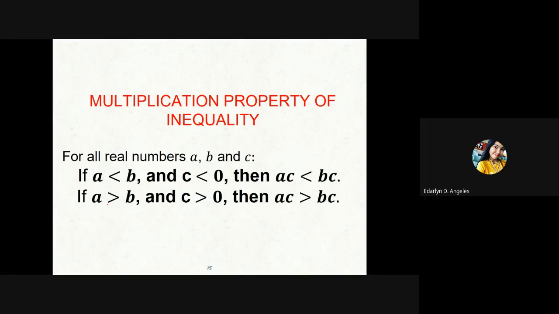And vice versa, if A is greater than B and C now is greater than 0, meaning to say in the first example, C is a negative number. And for the second, C is positive since it's greater than 0, right? Then AC is greater than BC.